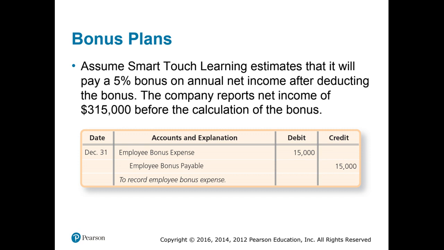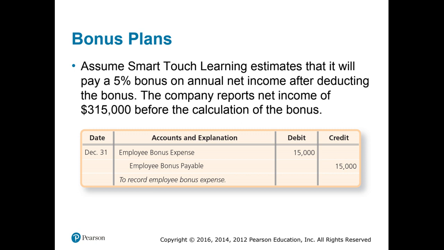You may have to calculate this, so just make sure that you refer back to this page 568. This formula allows you to back into the bonus amount. So for example, net income minus the bonus is 300,000, which is the 315,000 minus the 15,000.